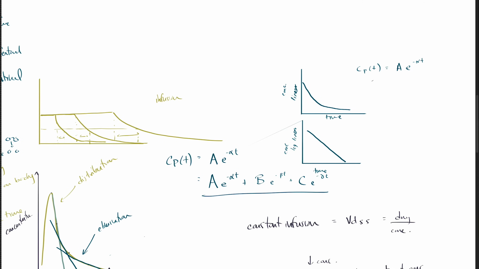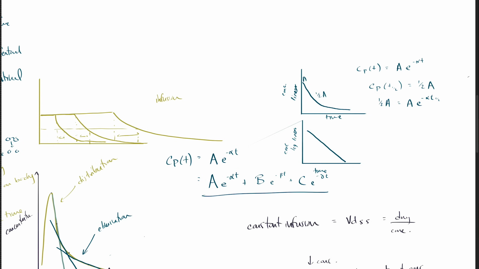So let's say we want to solve for half-life. We can still have CP, this time T1 half, which we know is going to be half of your initial concentration, because A would be here. So half A would be here. And so we can put half A on this side, and we know from the original equation that we can have E to the negative alpha and then T1 half.